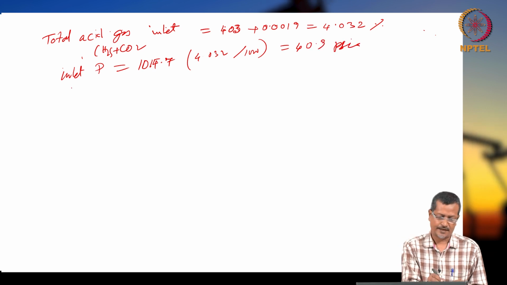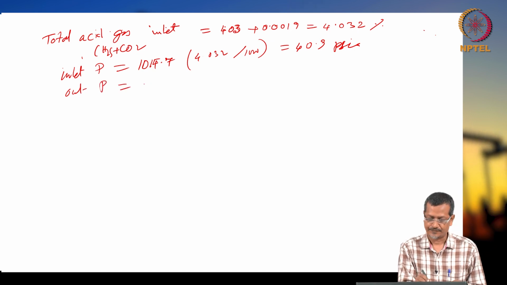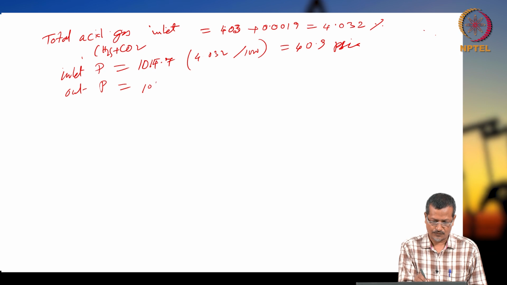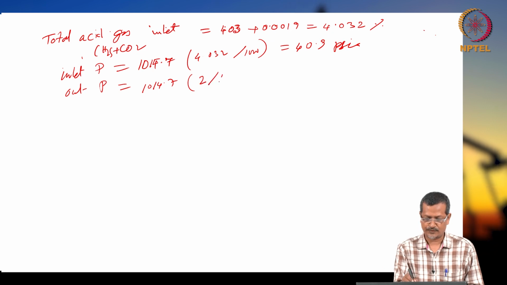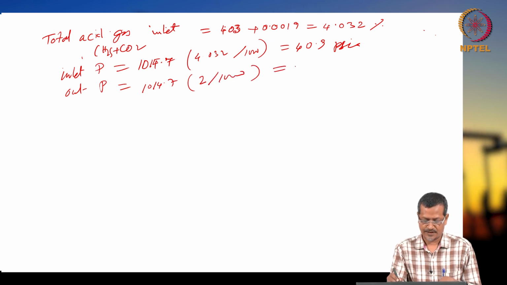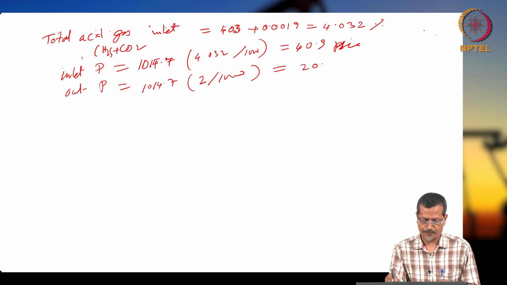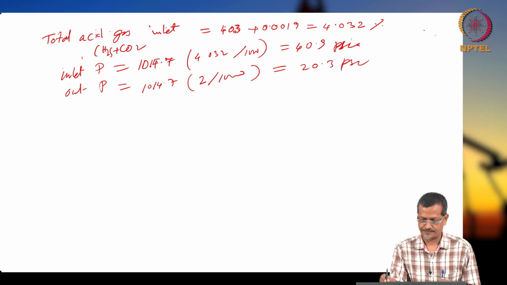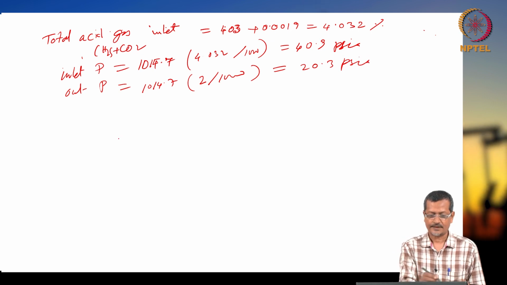Okay. And the outlet partial pressure of acid: 1014.7, and the exit acid is 2 divided by 1000, which comes to 20.3 psi. Okay. This is the partial pressure.